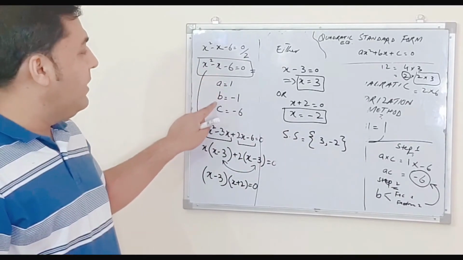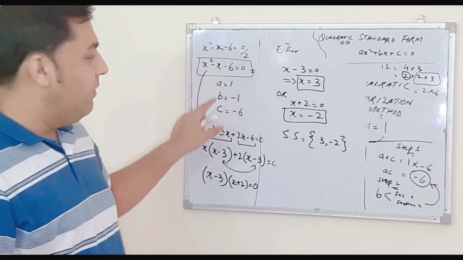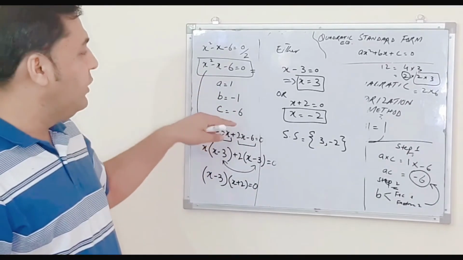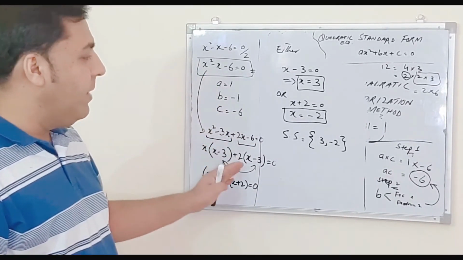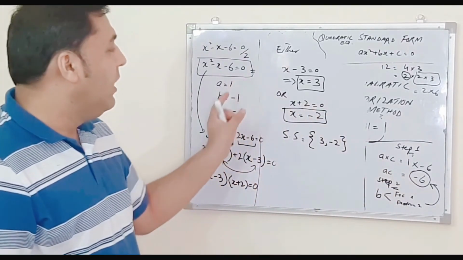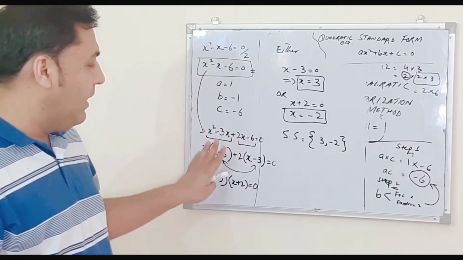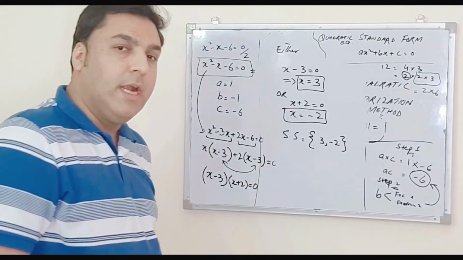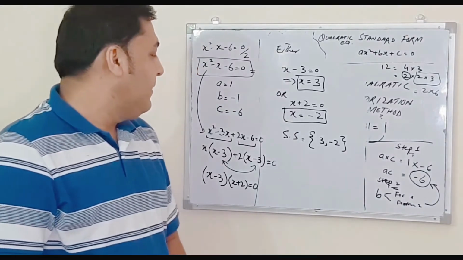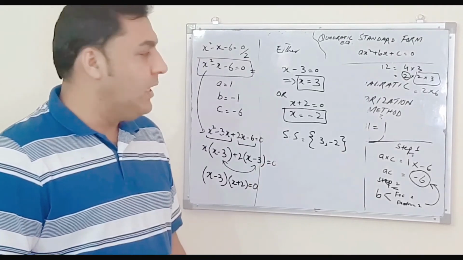Then we split the b term into two terms so that when we add, we get back b, and when we multiply, we get ac, the product of a and c. We write these down, take common factors, and we get the solution of the quadratic equation by the factorization method.